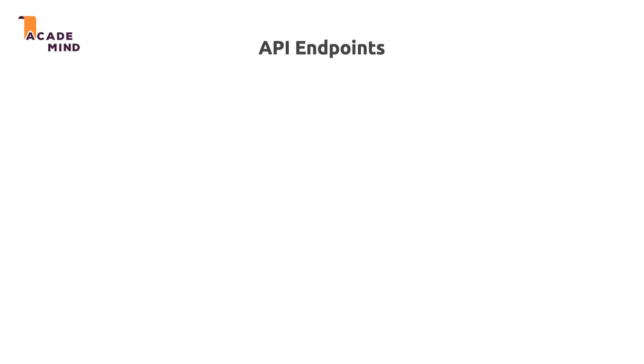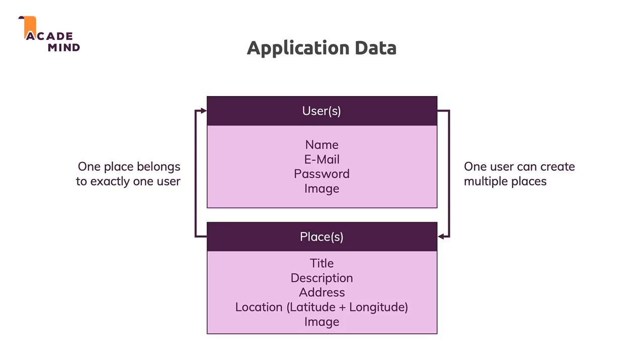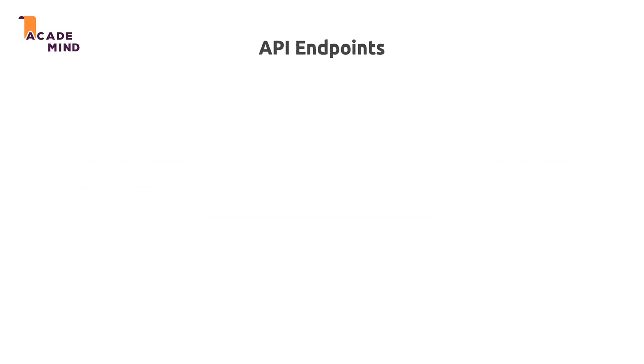So we know about our data and how the front end should look. Before we plan the different routes we want to have on the front end and which pages we need there, let's have a look at the back end. Which API endpoints will we probably need there? Well, since we have two main data models here, user and place, I got two main endpoint areas.